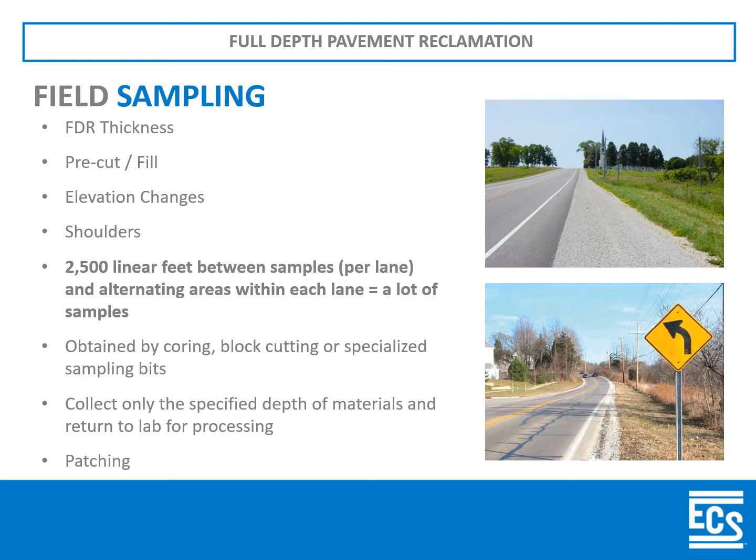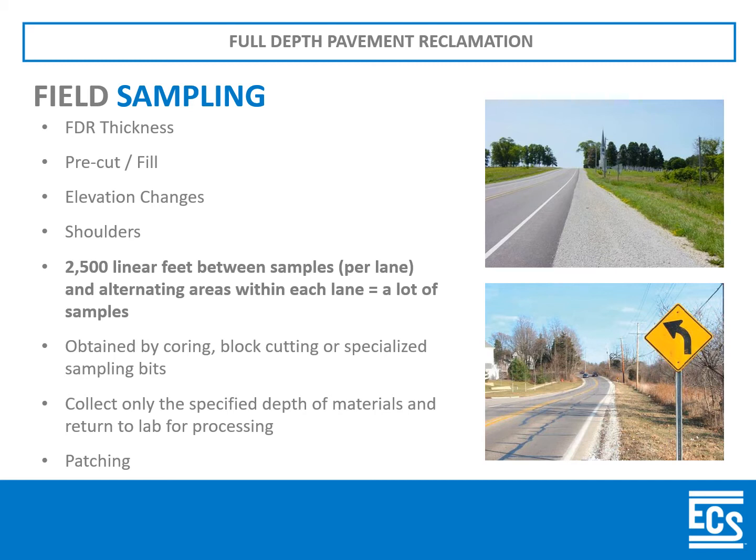This has to do with the elevation of the existing roadway and what the planned elevation of the final surface pavement is going to be. And how are the shoulders going to be handled? Are they going to be implemented as part of the FDR process? And were the shoulders similar in the existing condition to the roadway, or is it going to be a new application?